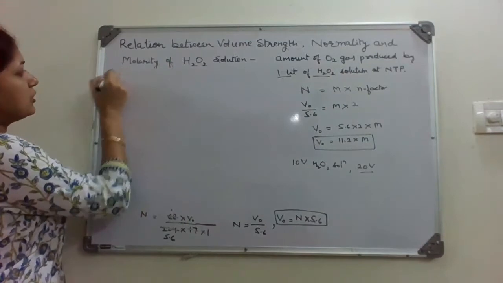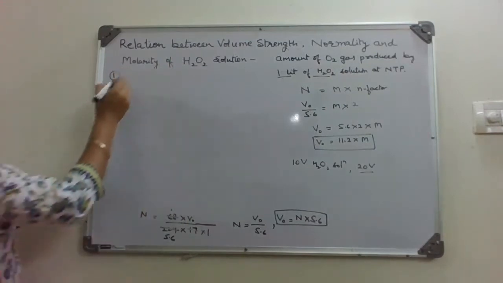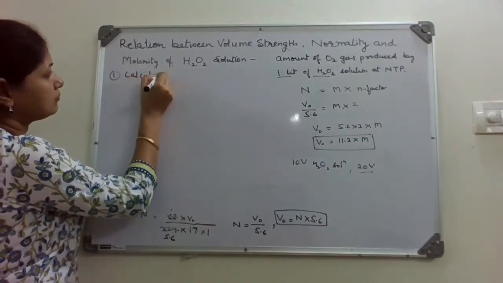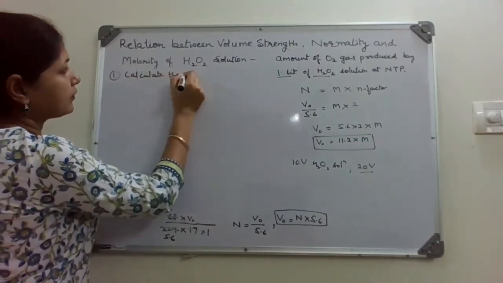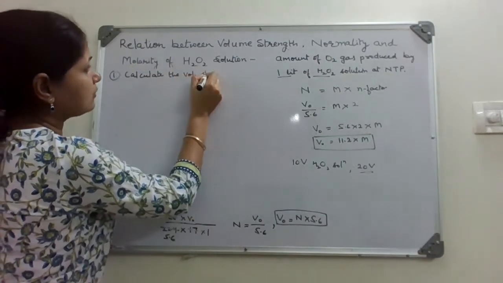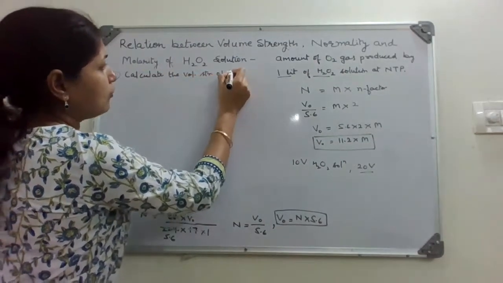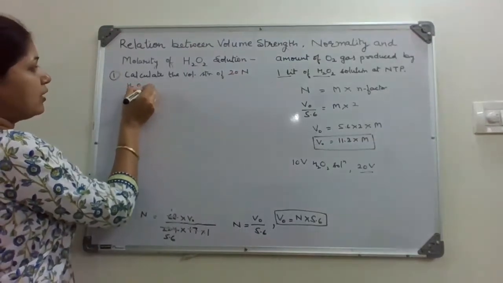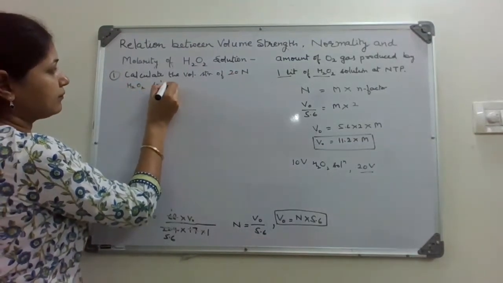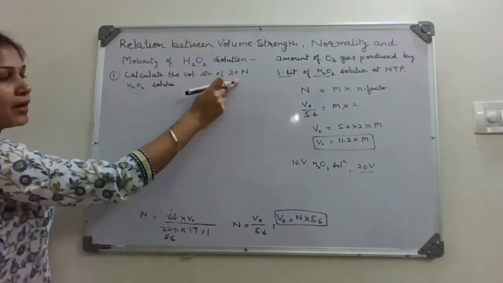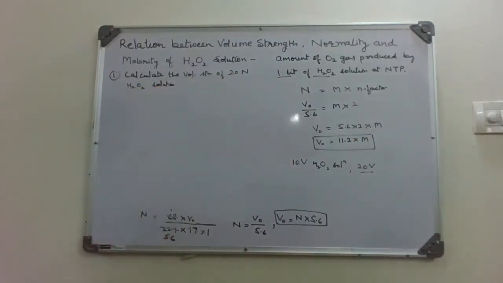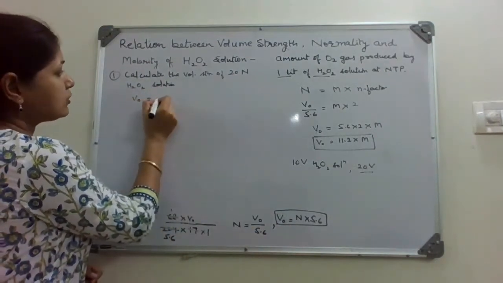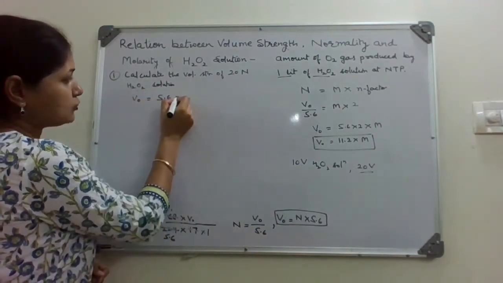First type of question which is usually asked: calculate the volume strength of 20N H2O2 solution. Here normality is given, volume strength we have to calculate. We use this formula. Volume strength is equal to 5.6 into normality.